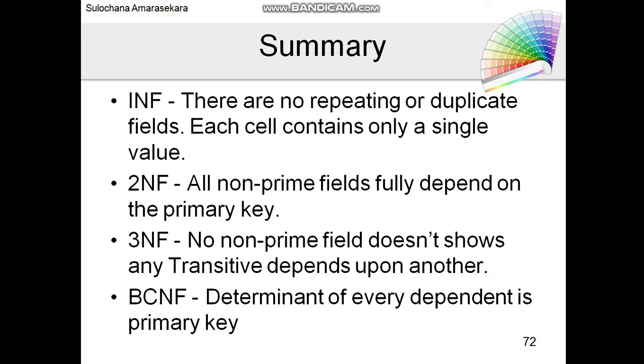Any table which is in second normal form and has no transitive dependency is in third normal form. Any table which is in third normal form and where the determinants of every dependency are primary keys is in Boyce-Codd normal form.